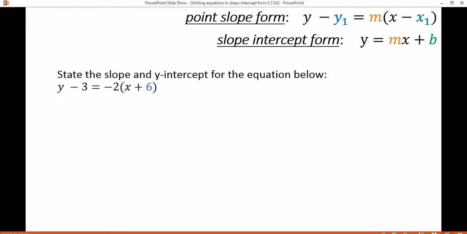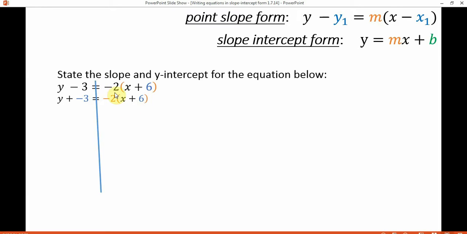State the slope and the y-intercept for the equation below. All right, so here, first step, draw the river. Second step, change subtraction to plus negative. Notice I didn't do anything to this negative sign because this isn't subtracting anything. There's no hidden plus sign here that's right next to an equal sign, so I don't need to change it to equals plus -2.